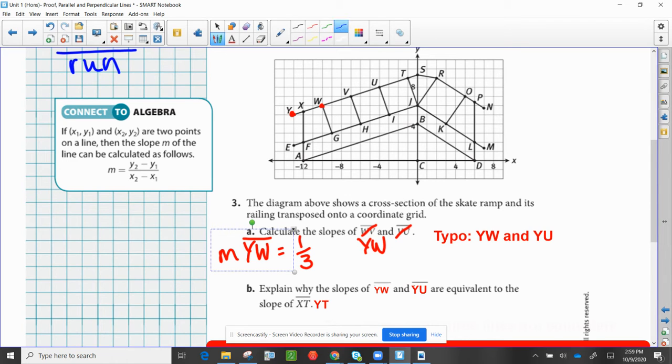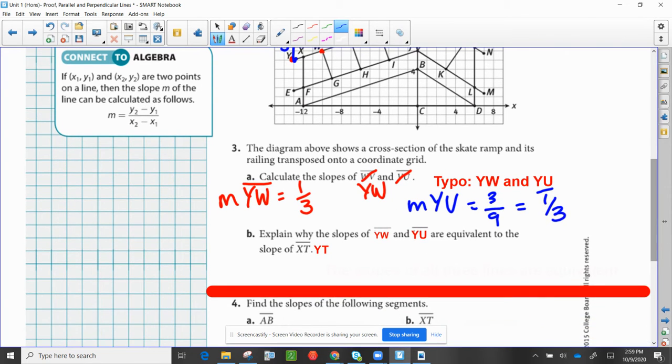Now if I find the slope of my other line, YU, the rise here is up 3 in a run of 1, 2, 3, 4, 5, 6, 7, 8, 9. So the slope of YU is 3 over 9, but we know we can reduce that fraction to 1 over 3, right?